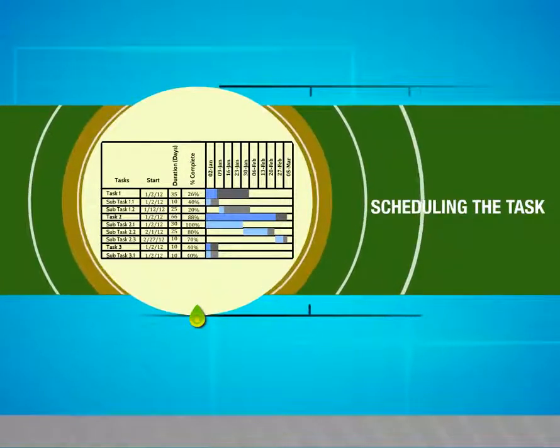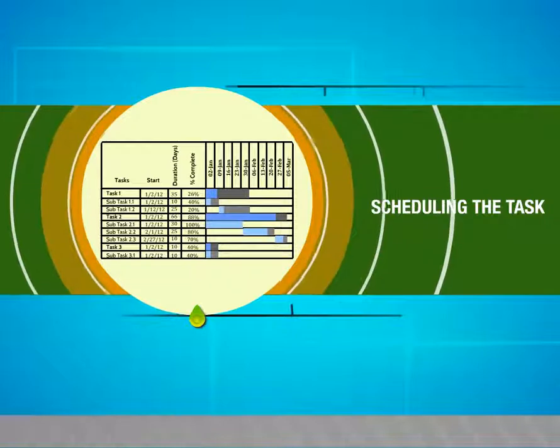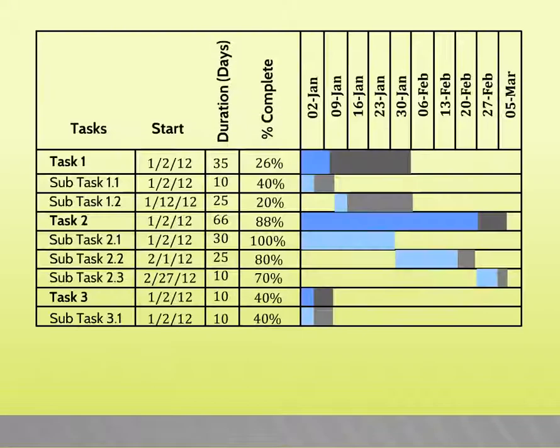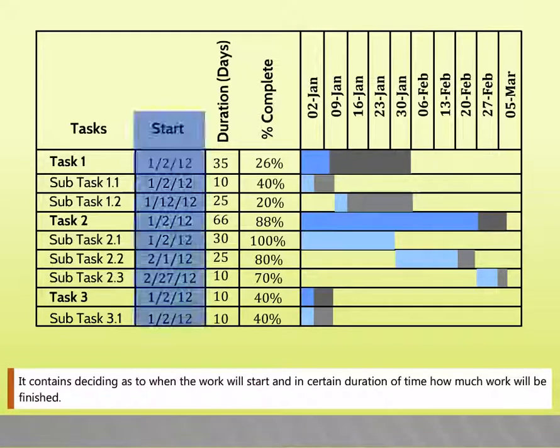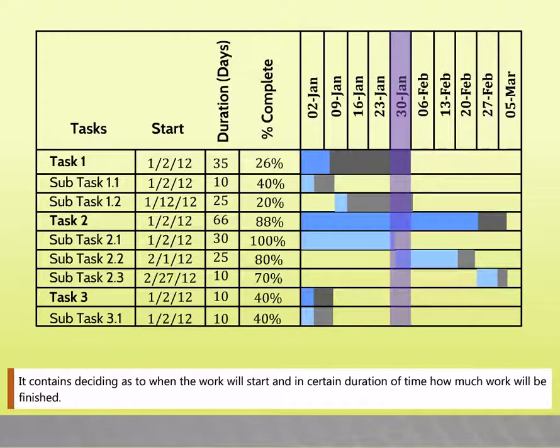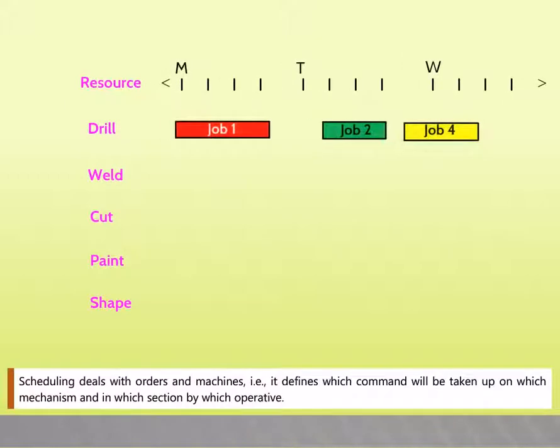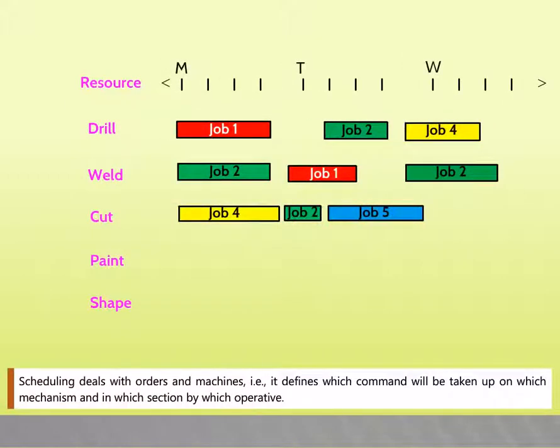Scheduling the task. In this video, we are going to see about scheduling the task. It contains deciding as to when the work will start and in a certain duration of time how much work will be finished. Scheduling deals with orders and machines.